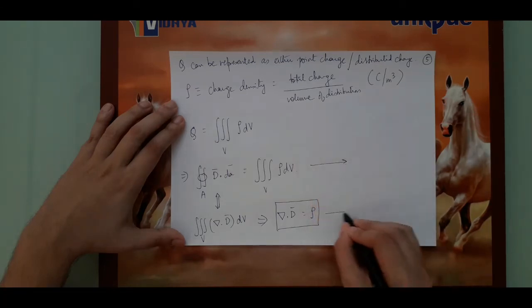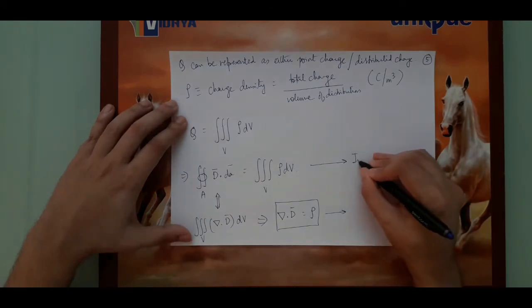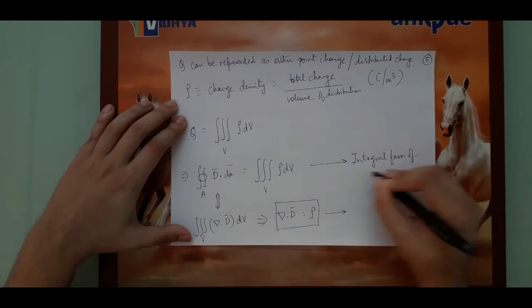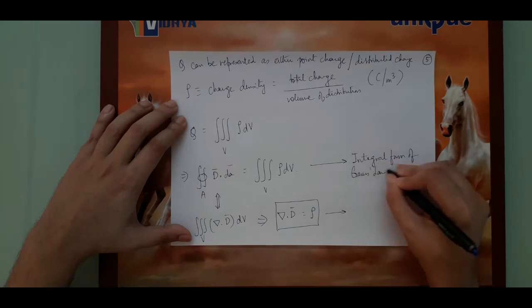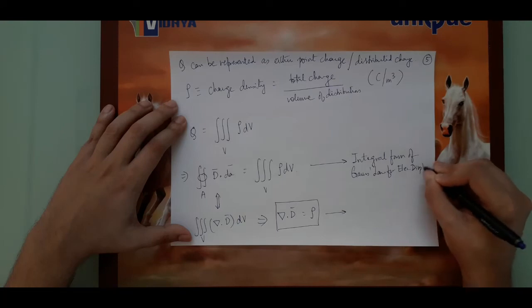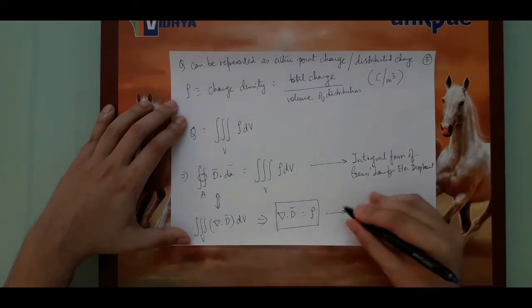This first one is called the integral form of Gauss's law for electric displacement, and this is called the differential form.